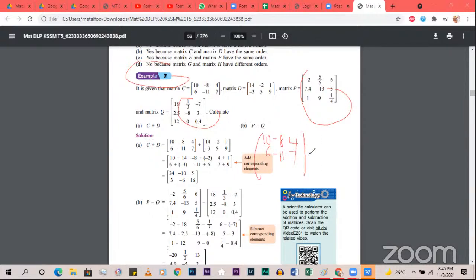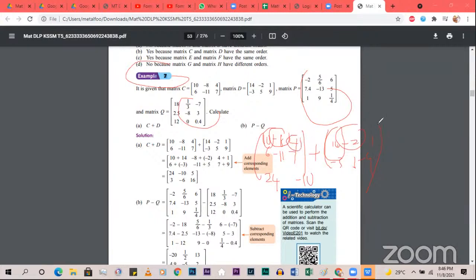So how to add it? D is 14, -2, 1, -3, 5, 9. You add this and this, you get 24. And -8 plus -2, you get -10.